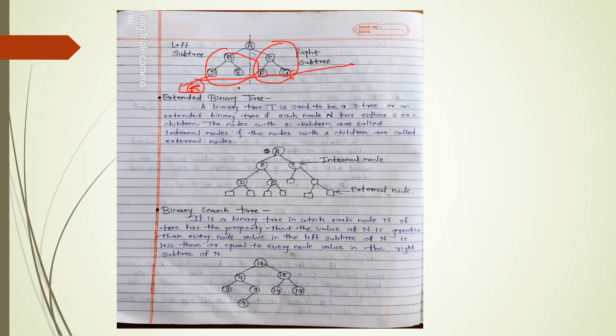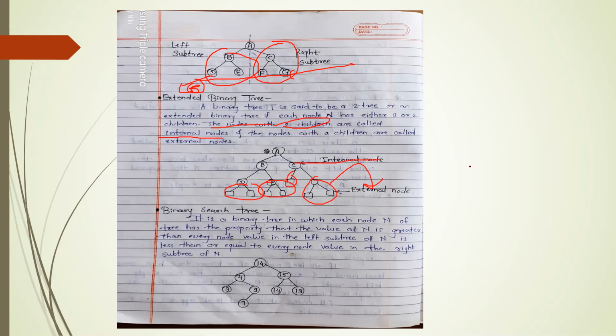In the following example, the nodes with 2 children are internal nodes, and a node with 0 children is known as an external node.